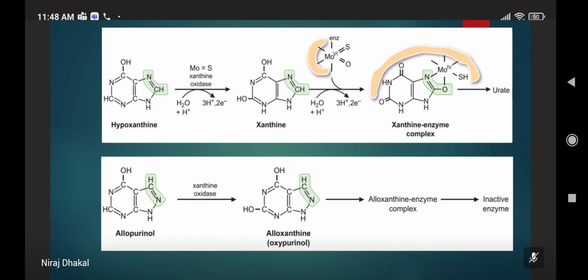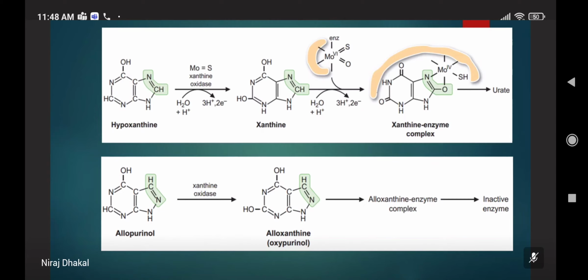It cannot discriminate whether it is its own substrate or whether it is a toxin or inhibitor. So it binds readily with the inhibitor. But by the end, the allopurinol itself becomes a toxin-like substance and it will permanently inactivate the enzyme.